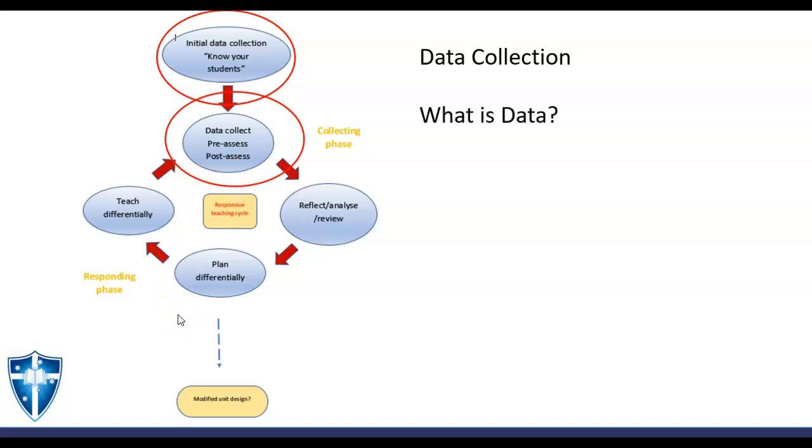So the question is, what is the data? How do you get to know your students? There's qualitative and there's quantitative information. The qualitative is getting alongside a student and having descriptive information, and maybe not from you, but from other teachers in their journey.